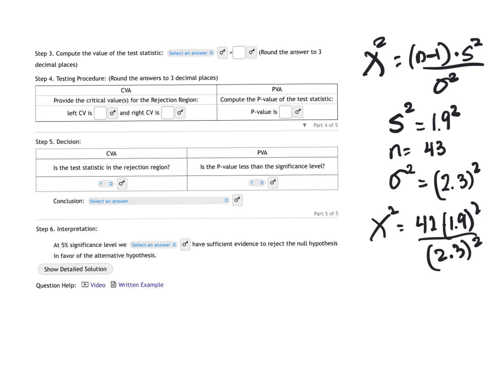And where it says select answer, it's going to be chi-squared equals, and then whatever this number is, rounded to 3 places, ends up being 28.662. Now I need to find a critical value. This is a left tail test, and I'm looking for 5% of the area on the left tail.